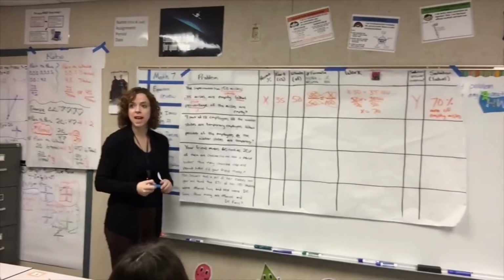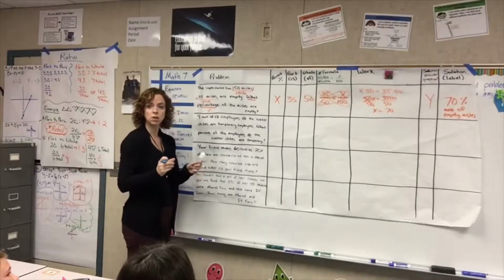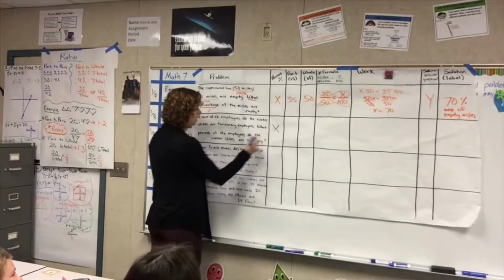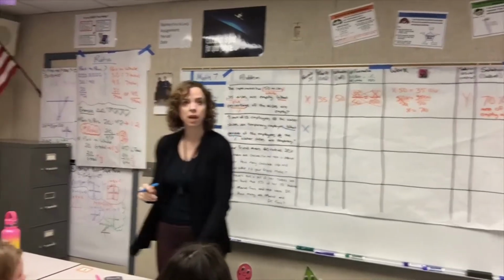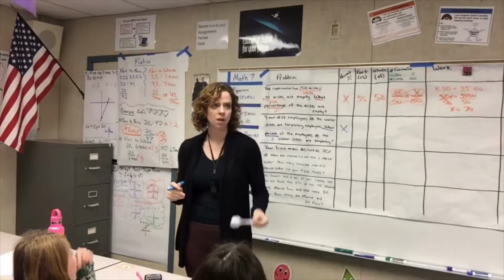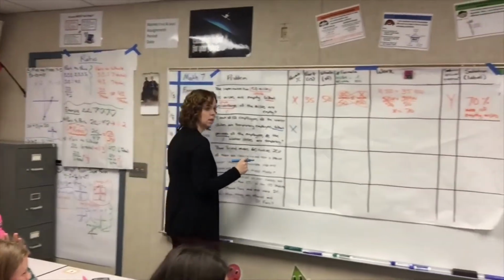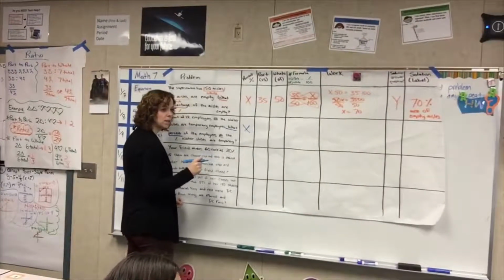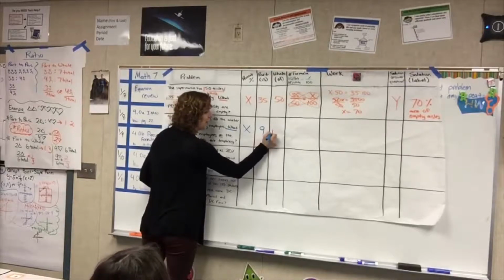Did you know the percent? No. Okay. It says right here, what percent? So we did not know that. Okay, how about Central, number 3. Did you know the part? What was the part? 9 out of what? 12, yeah.